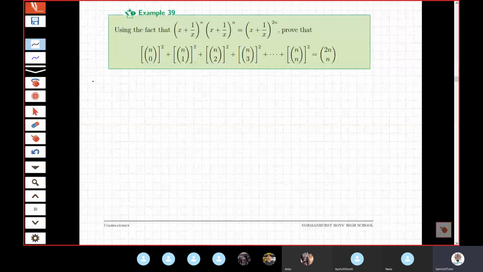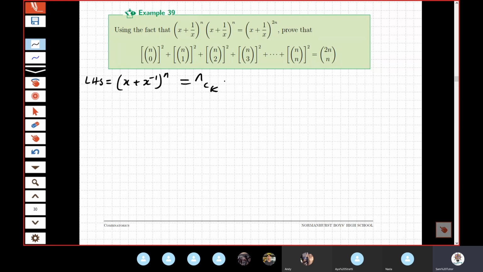Again, let's start with the left-hand side. We get (x + x^-1)^n, which equals nCk x^(n-k) x^(-k). So (x + x^-1)^n equals nCr x^(n-r) x^(-r).